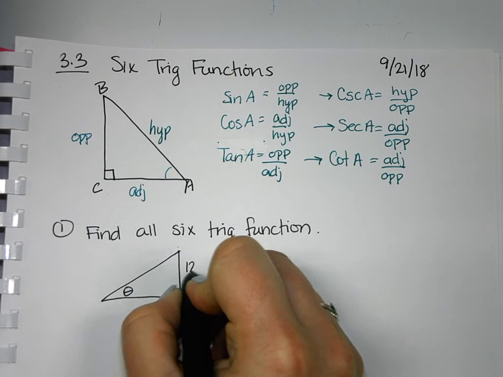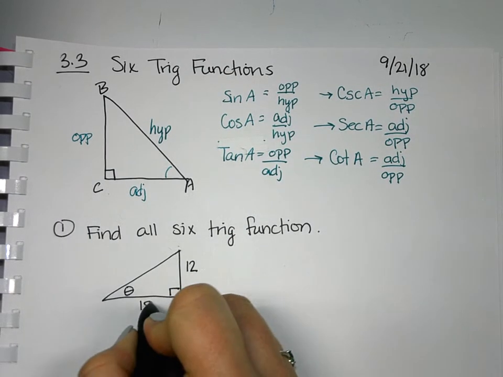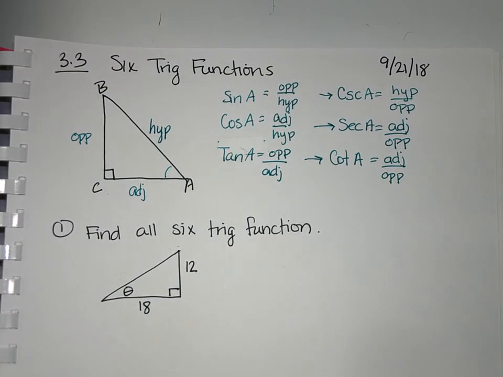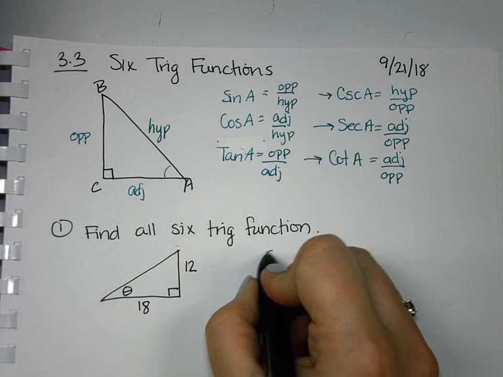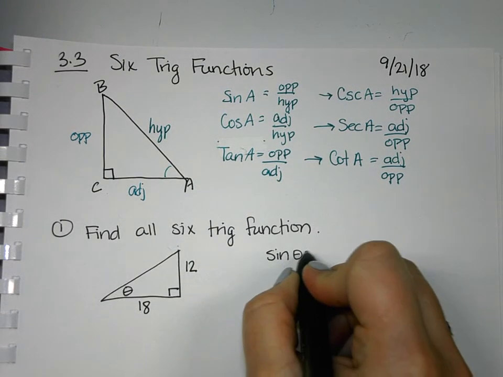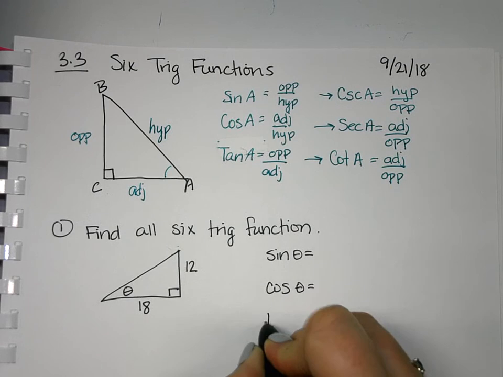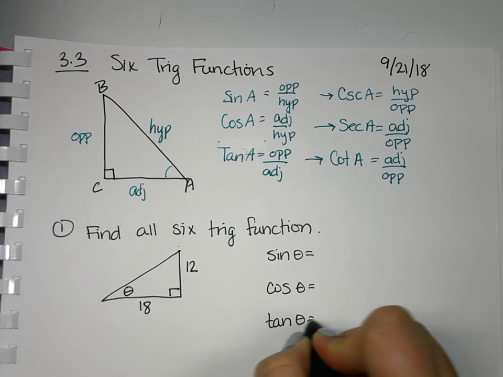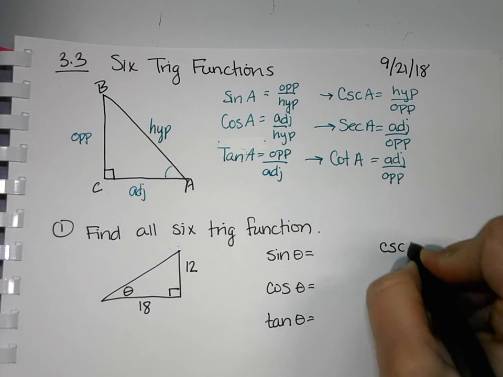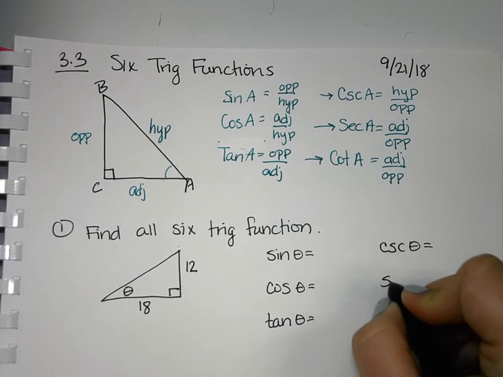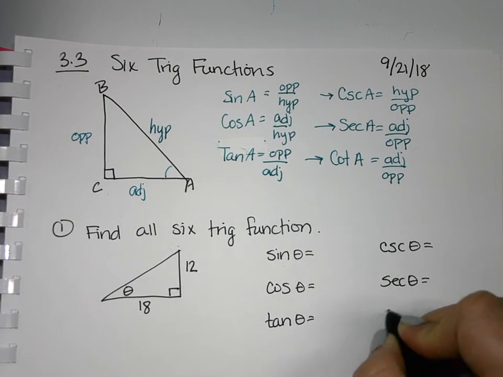We have this is 12, this is 18. So if we're going to find all 6 trig functions of theta, so that would be sine of theta, cosine of theta, tangent of theta, and then cosecant of theta, secant of theta, and cotangent of theta.